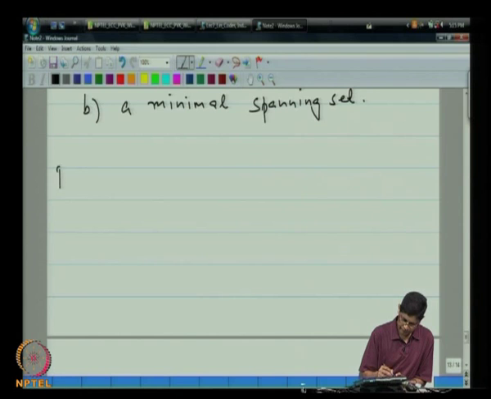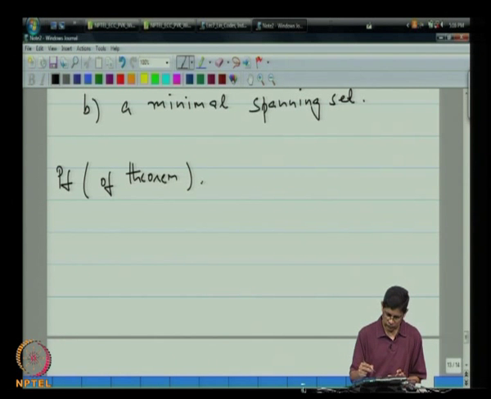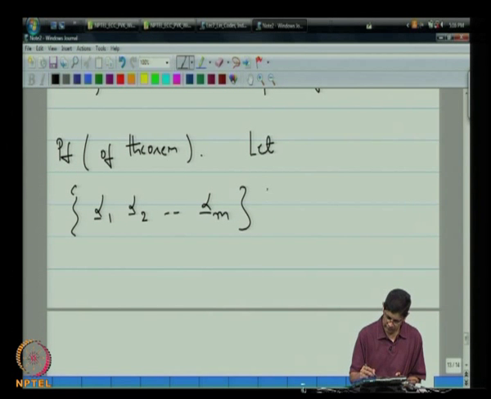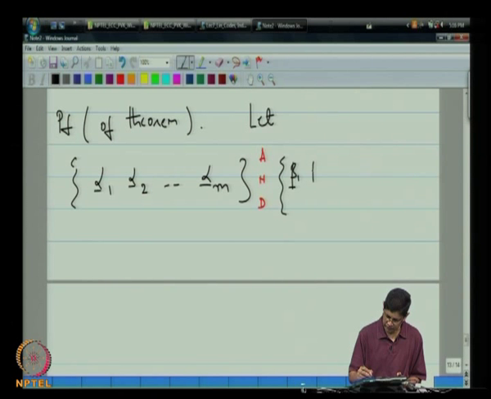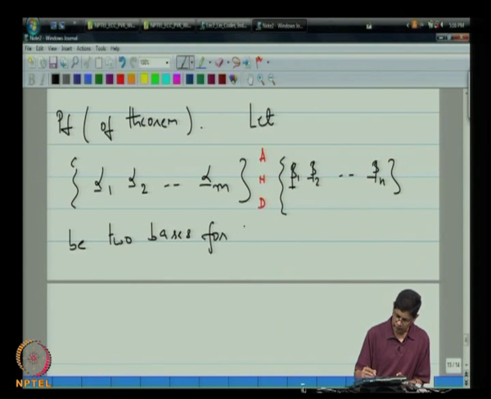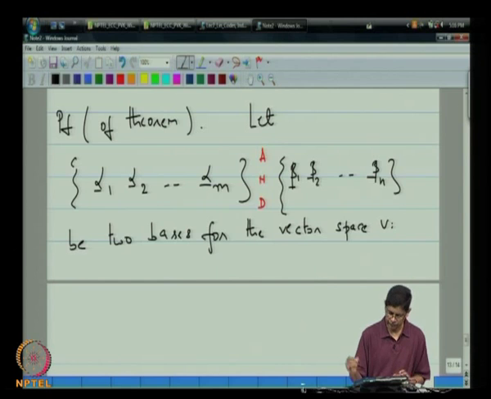So, proof of theorem. So, let alpha 1, alpha 2, alpha m and beta 1, beta 2, beta n be two bases for the vector space V. Okay.